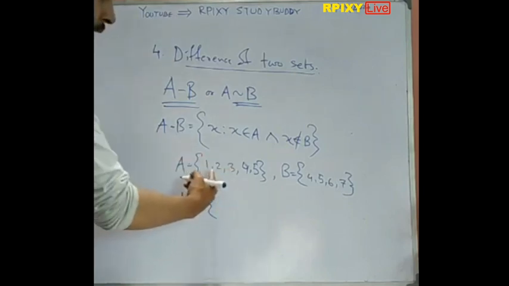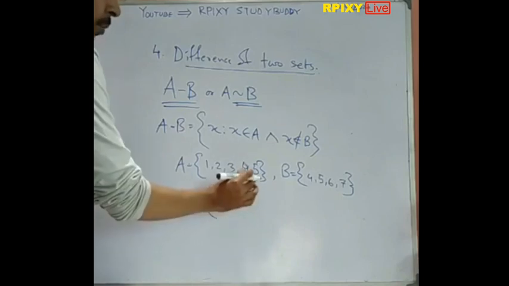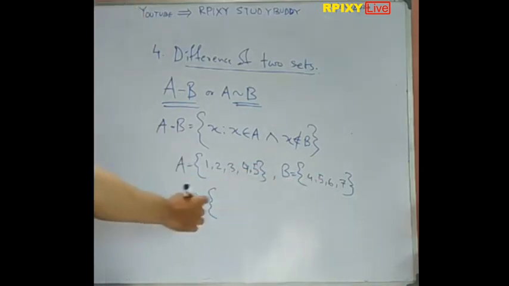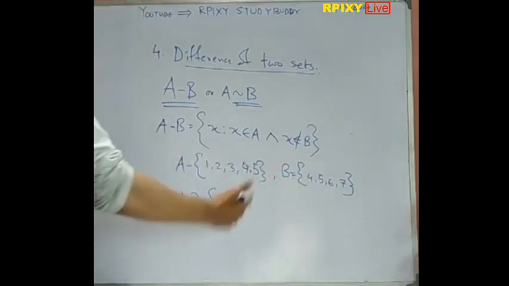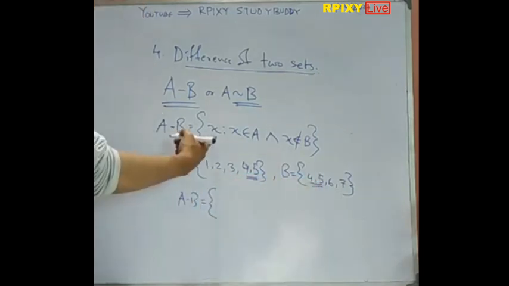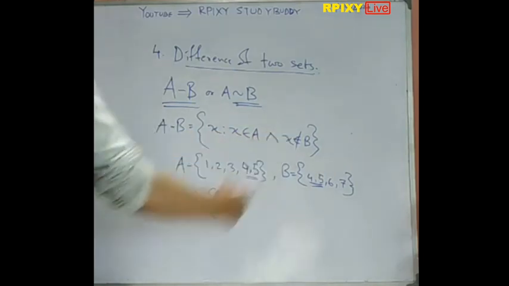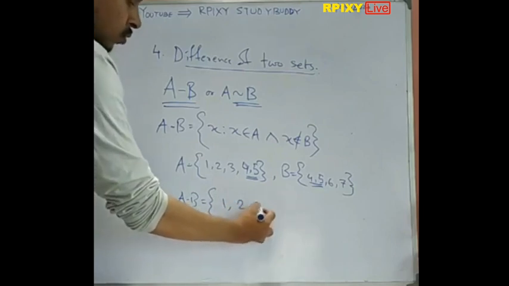See the elements of A: 1, 2, 3, 4, 5. But 4, 5 are present inside B. The 4, 5 exist inside B, so you can't take 4, 5, because the definition is saying that x is from A and not from B. So you only have to take 1, 2, 3.